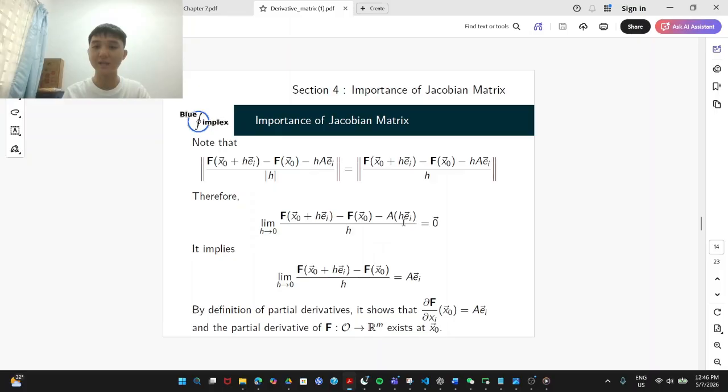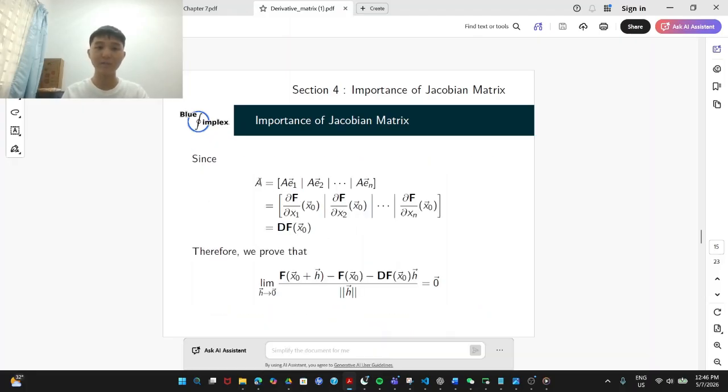Then I move A times the unit vector to the right side. Are you familiar with this limit? This is the definition of partial derivatives. We can show that this is the partial derivative of f, and it is equal to the matrix A times the unit vector. So I can say the partial derivative of f exists at x naught.